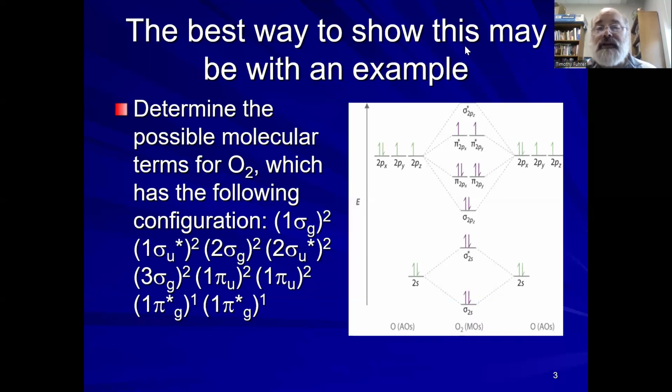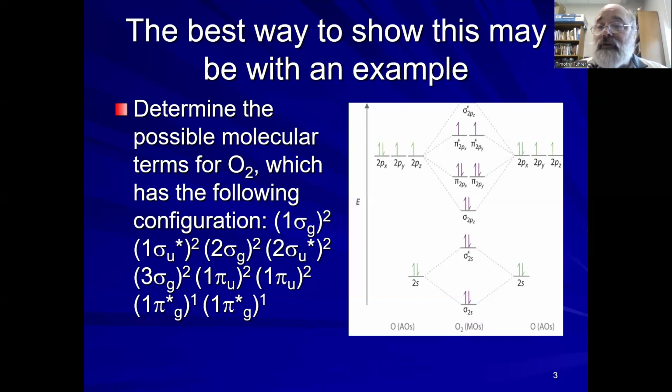And so, as I mentioned, we'll go ahead and look at an example for this. Here's the electron configuration for the oxygen molecule. Just like for atoms, only unfilled subshells are going to contribute to the overall situation here. So we're only really looking at these. We have 2 spin up electrons, and so we're dealing with an S equals 2 situation.